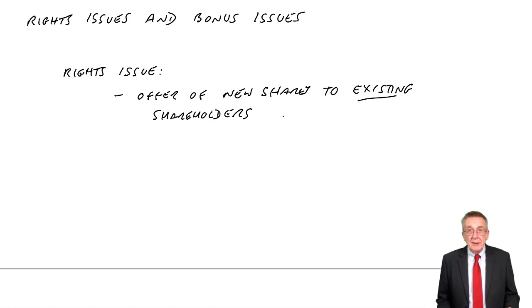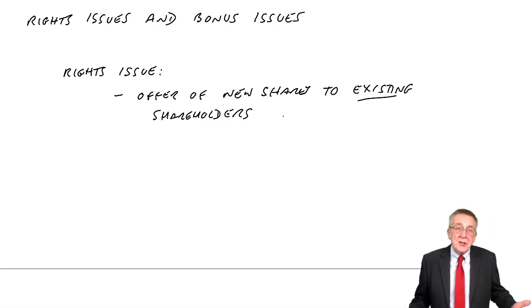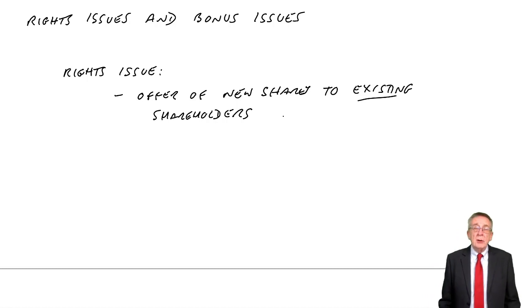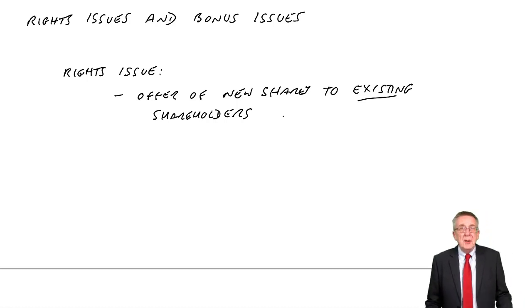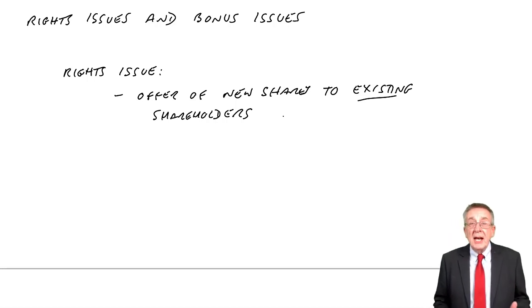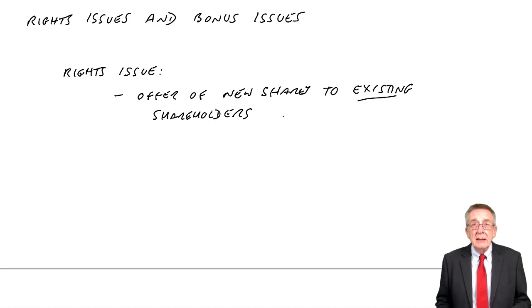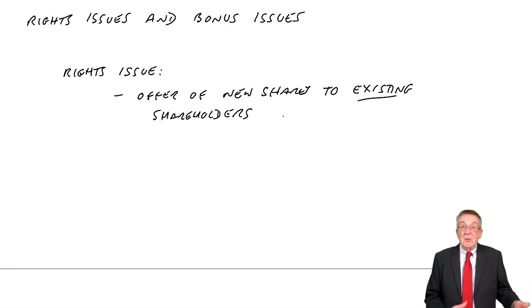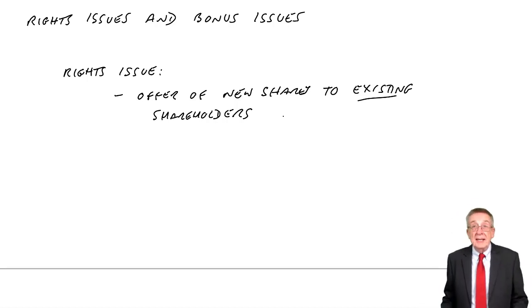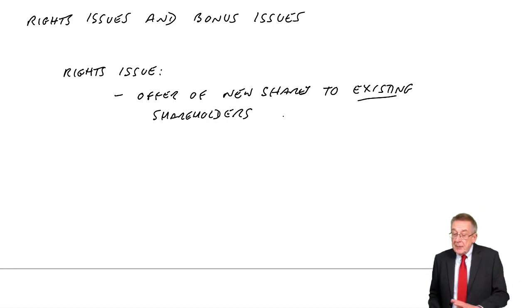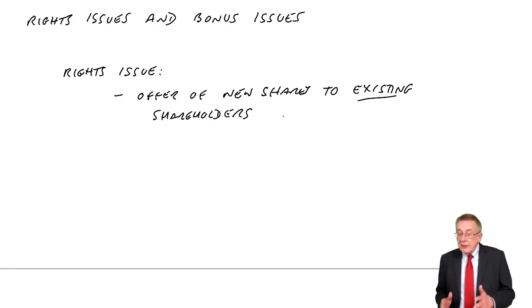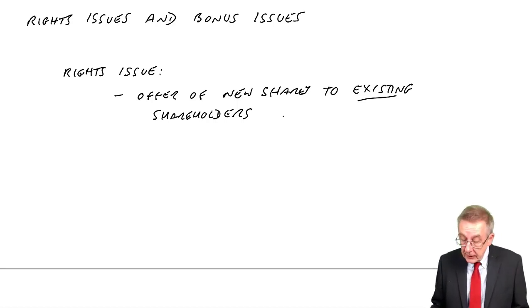They don't have to buy them. In the exam, we always assume that it's fully subscribed, that people do buy them. But you just get this letter saying, do you want to buy more shares? If you do, tick the box, send the money. If you don't, you can throw the letter away, or maybe sell it to somebody else. But I'm not worried about that. It's an offer of new shares to existing shareholders.